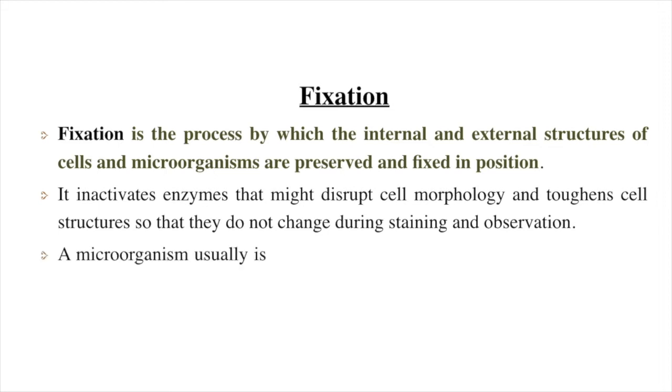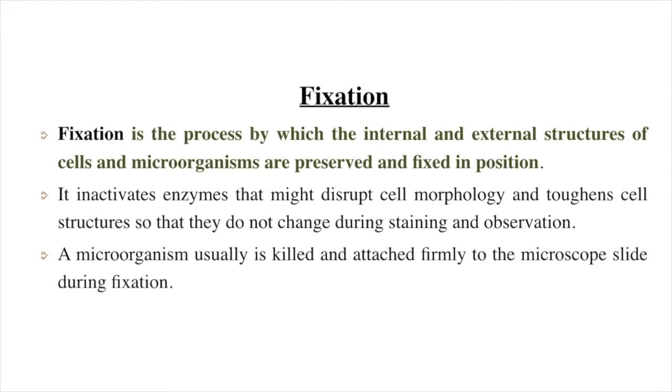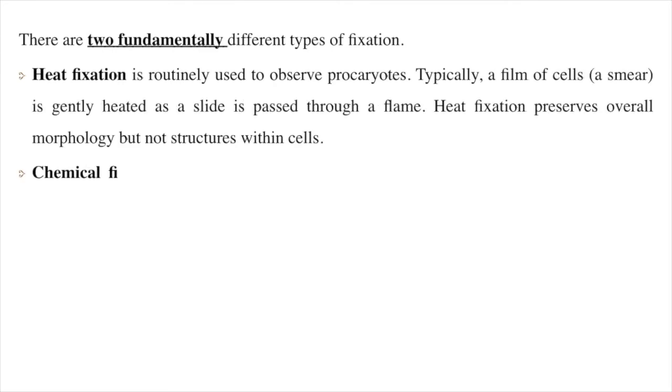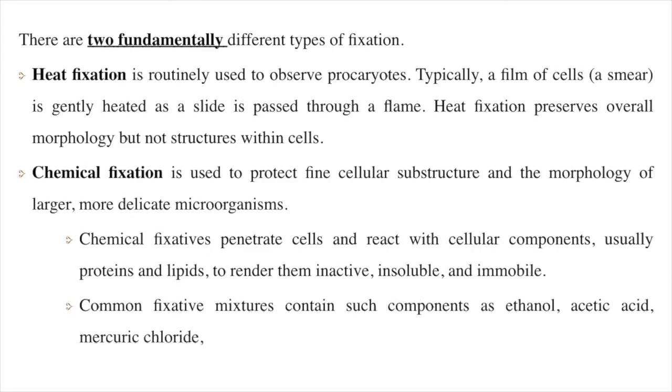During staining, the cells are fixed in a particular position. And during the fixation process, the microorganisms are usually killed and attached firmly to the microscopic slide. So we cannot visualize live cells during the staining process. Before staining, we need to kill the microbial cells and fix them on the slide.